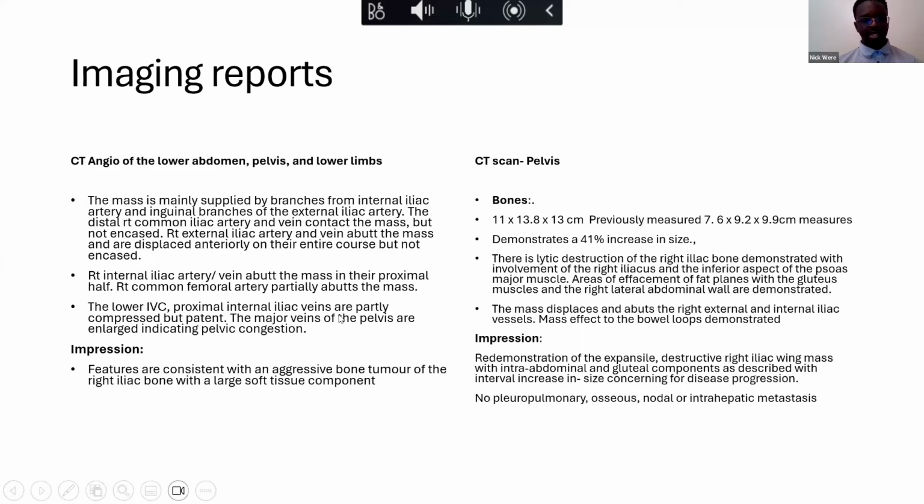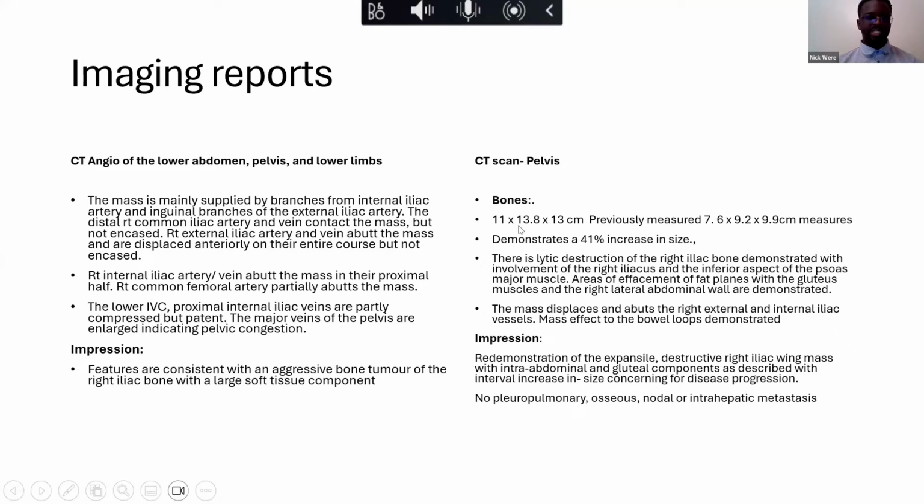The right internal iliac artery and vein abutted the mass as well. The venous structures were also abutting but not encased, with an impression of a consistently aggressive bony tumor with a large soft tissue component and no neurovascular involvement.